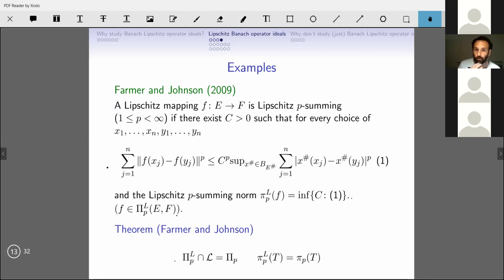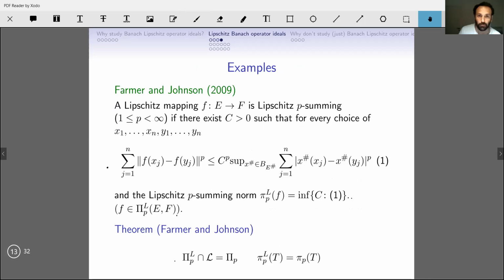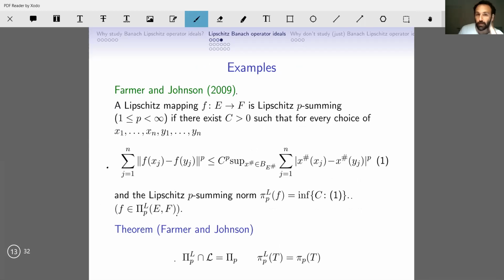Our first example is the Lipschitz p-summing operators of Farmer and Johnson, which were introduced in 2009. A Lipschitz mapping from E to F is Lipschitz p-summing if there exists a constant such that for every choice of x1, ..., xn and y1, ..., yn, we have this inequality.